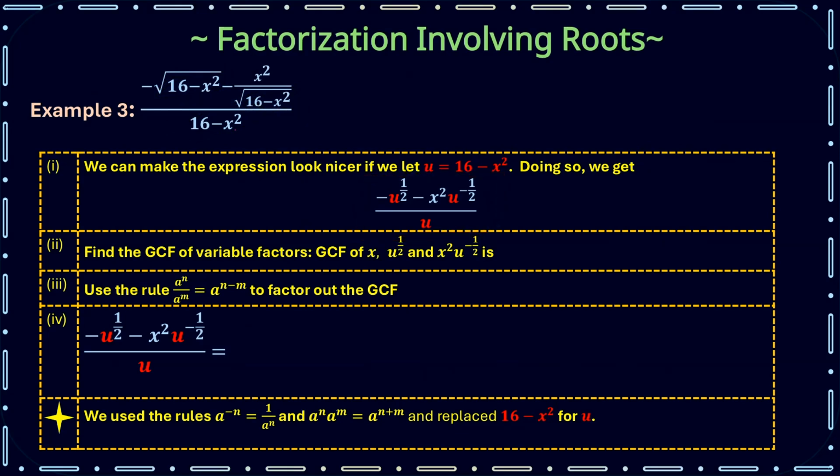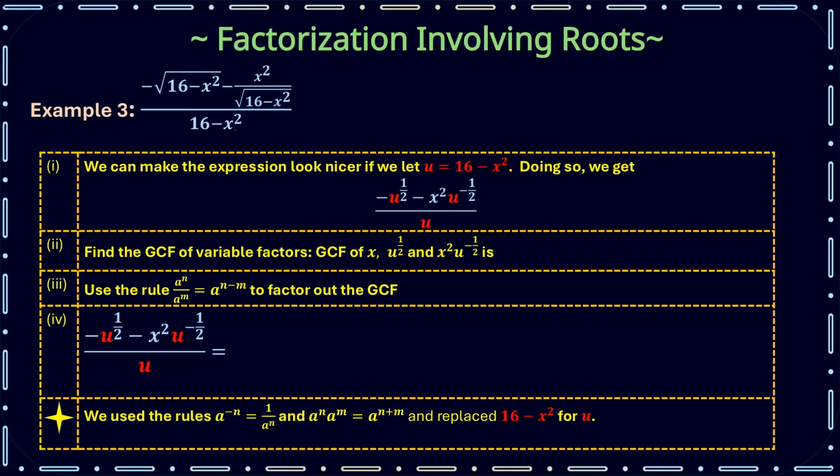Here instead of negative square root 16 minus x squared, we have negative u to the power of 1/2. And here we have x squared over square root of u. And since this square root is in the denominator, I can reciprocate it and write it with a negative power. And inside the denominator, we have 16 minus x squared, which is just u. All right, so this is what we have. It is a lot nicer to look at.